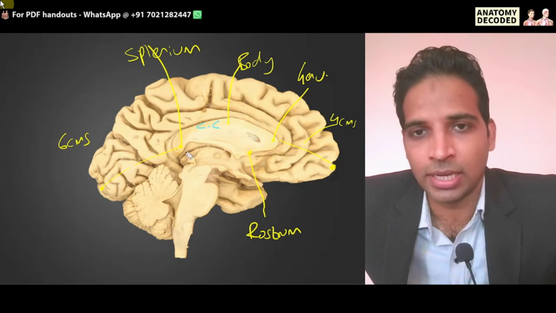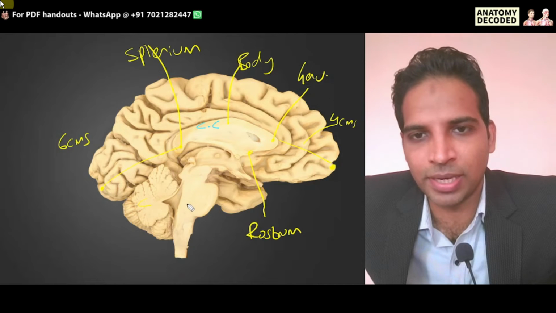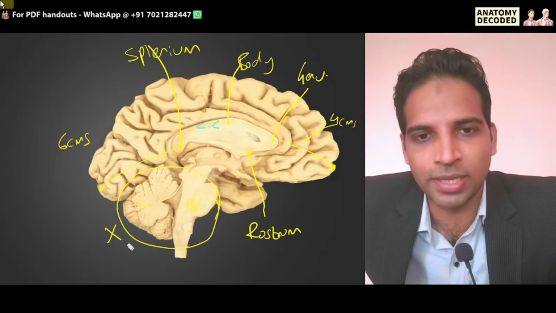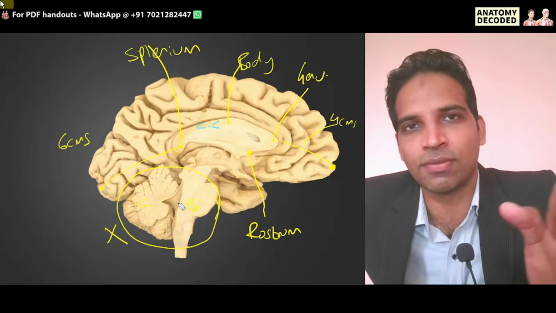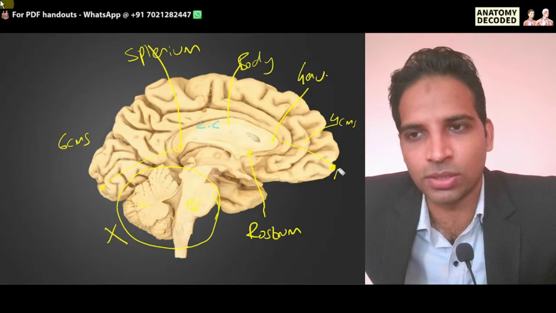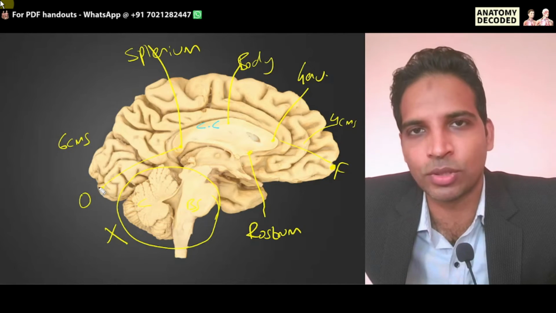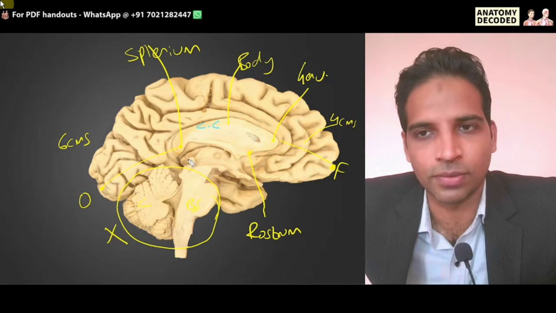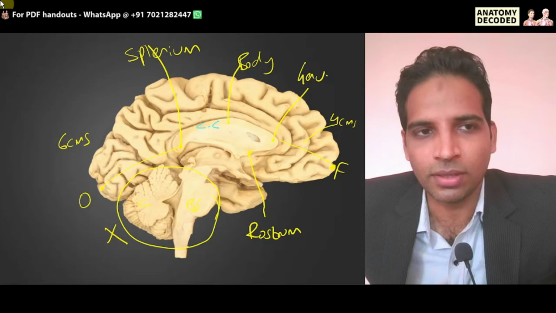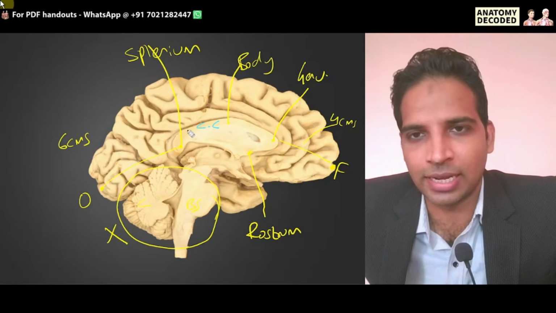In this specimen, the cerebellum and the brainstem are there, so it is easy to differentiate which is anterior and posterior, but at times this part may not be there in the brain specimen. So the distance between the genu and the frontal pole, and between the splenium and the occipital pole, helps to determine which part of the cerebral hemisphere is anterior and posterior. Once we have identified it, we'll be able to further identify different sulci and gyri.